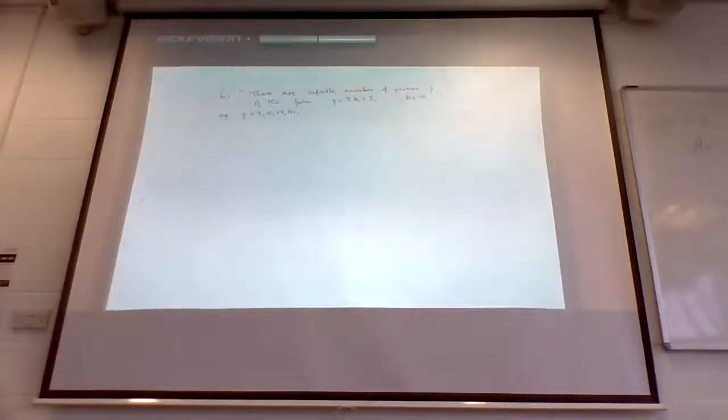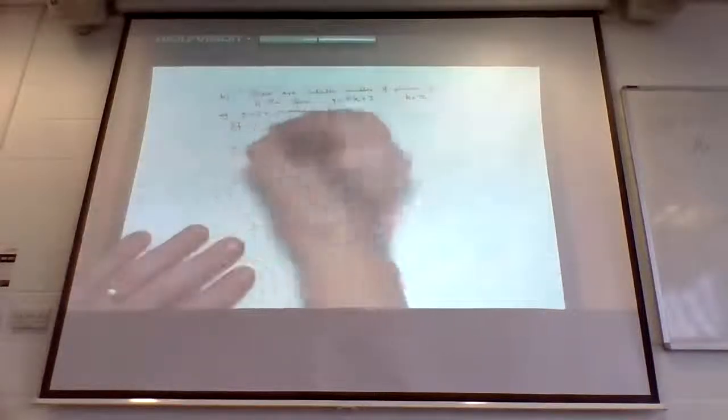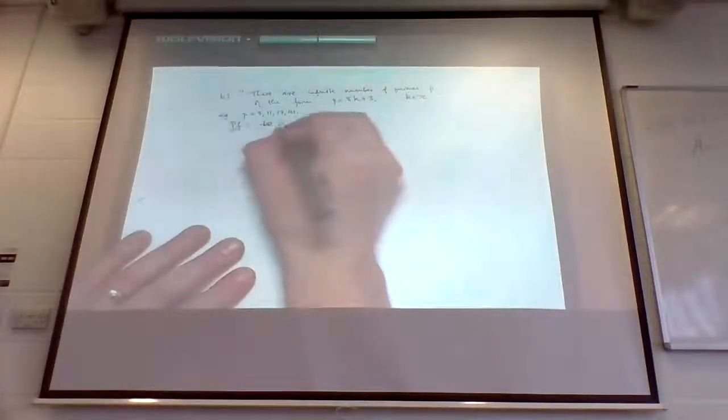So here's how the argument goes. Again, it's another adaptation of Euclid's argument. There are at least a few of them. So suppose there's only a finite number.